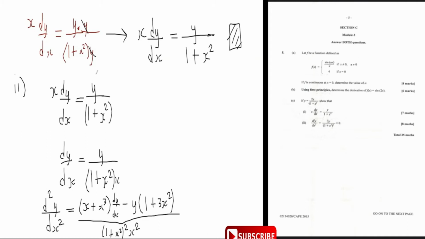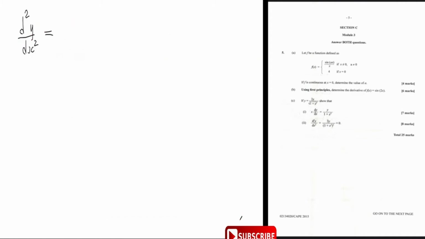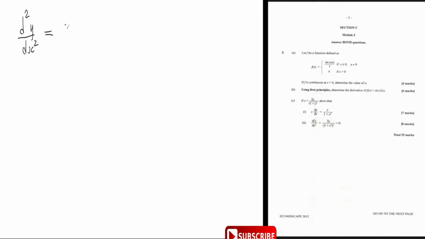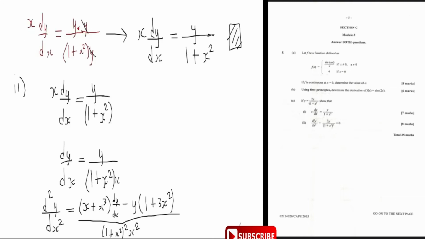I'm going to write x plus x cubed as x times 1 plus x squared, times dy by dx, and all of this is being divided by 1 plus x squared over x squared.